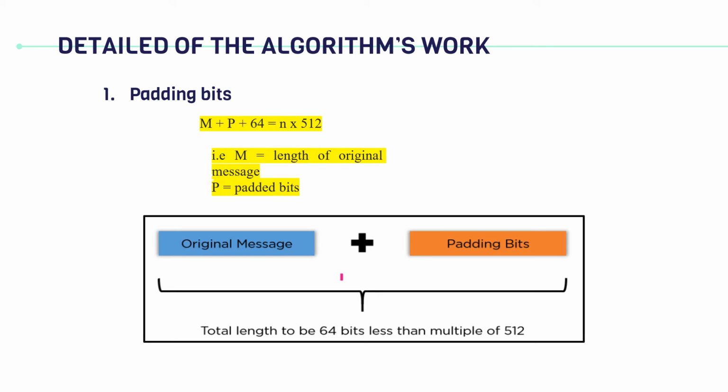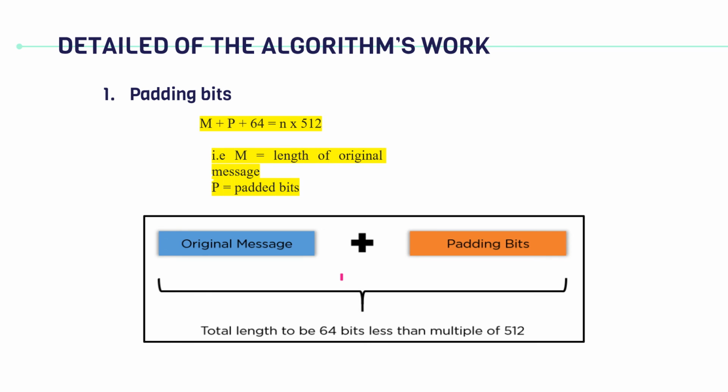This is a detail of the algorithm's work. So first is append padding bits, which is the initial step of our hashing function. Start with attaching bits to our original message. So this length will be the same as the standard length expected for the hash word. So we continue by adding a few bits to the message that we have at hand. The number of bits we add is determined as such.